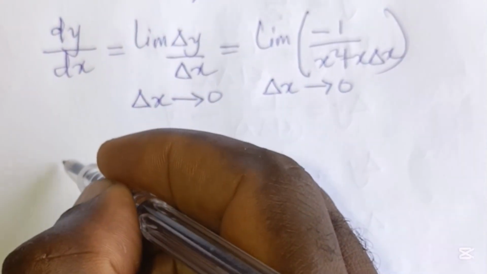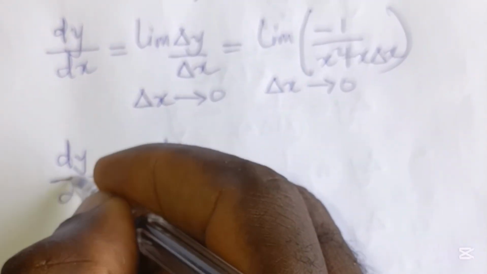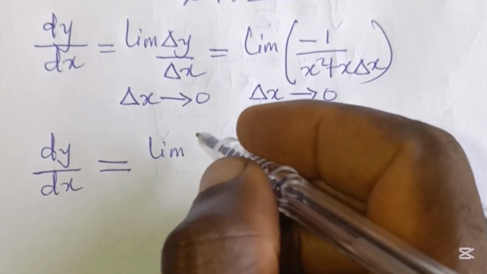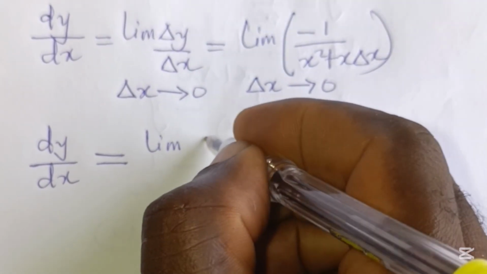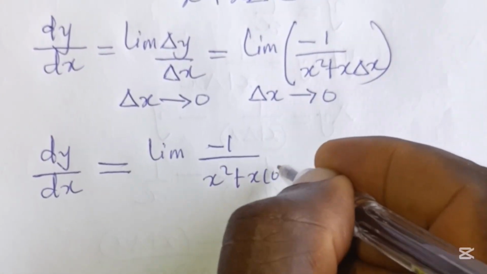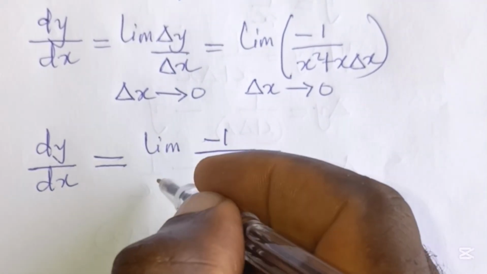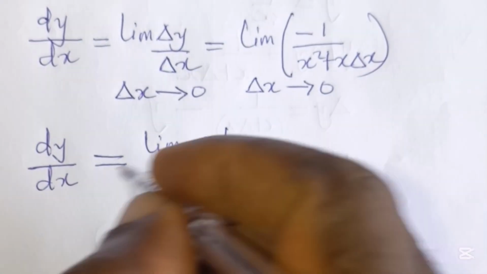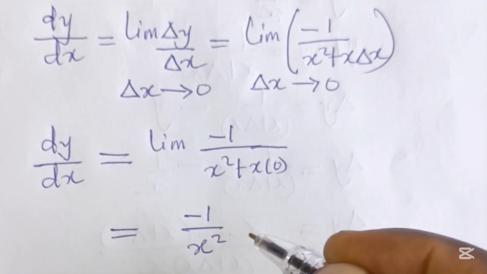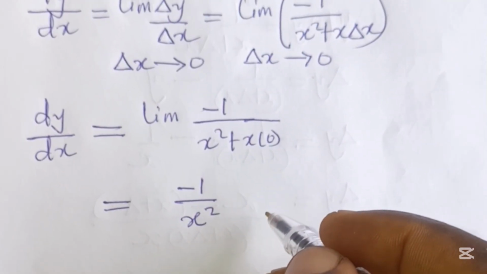So we have limit of, that is our dy dx, equal to limit of minus 1 over x square plus x change in x. We replace that one by 0, so it remains minus 1 over x square plus 0.